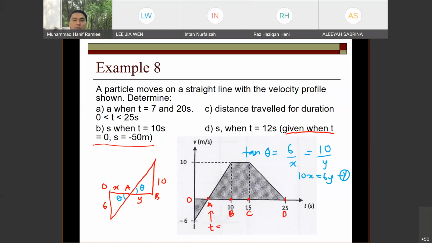Since we have two unknowns, you need two equations. This is the first equation. How to get the second equation? Anyone? Yes, correct.